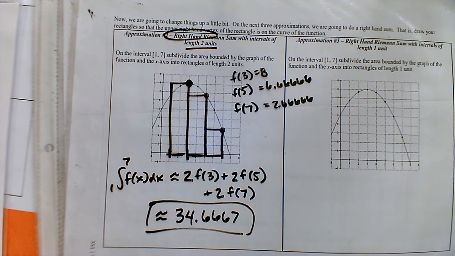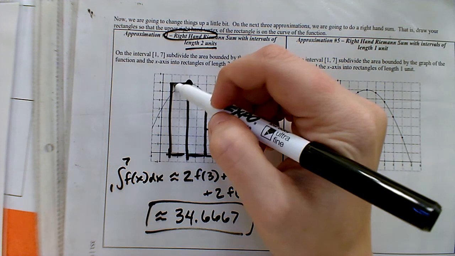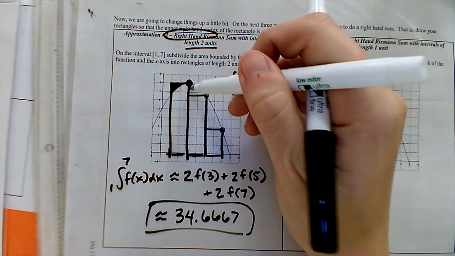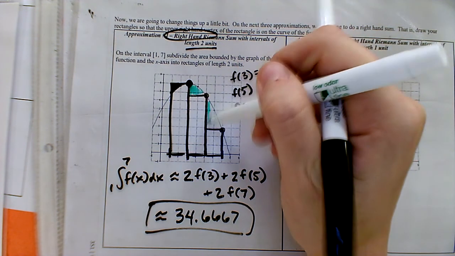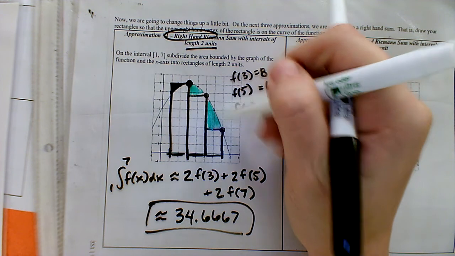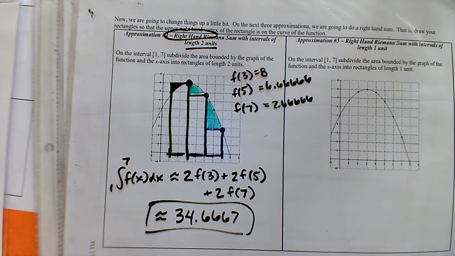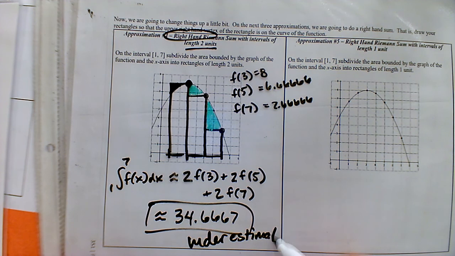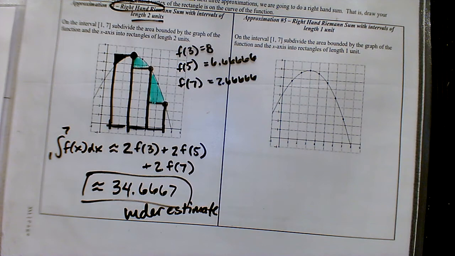Okay. Over or under? Definitely under. Our first rectangle was a slight overestimate, but when we start to look at the other ones, there's definitely area that we should have included, but we didn't. All right, so underestimate.